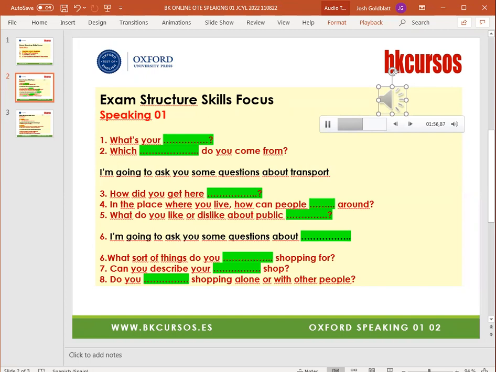Question 5. What do you like or dislike about travelling by public transport? Question 6. I'm going to ask you some questions about shopping. What sort of things do you enjoy shopping for?